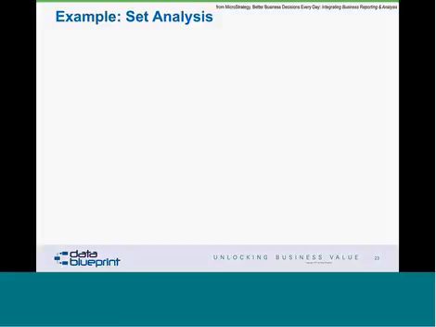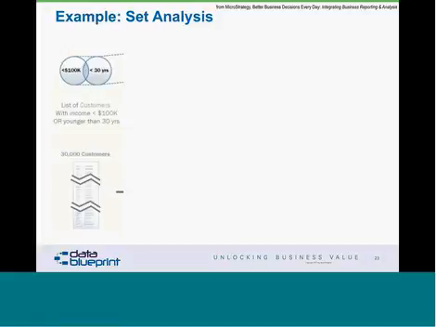This is something called set analysis. It's from MicroStrategy, a very fine BI tool company that we've used on and off over the years. And the first challenge here is, well, I'd like to get a list of customers with an income of less than $100,000 or who are younger than 30 years. So I may take a very large set of data and chop it down to 30,000 of those customers. When I look at that then, I say, that's great.